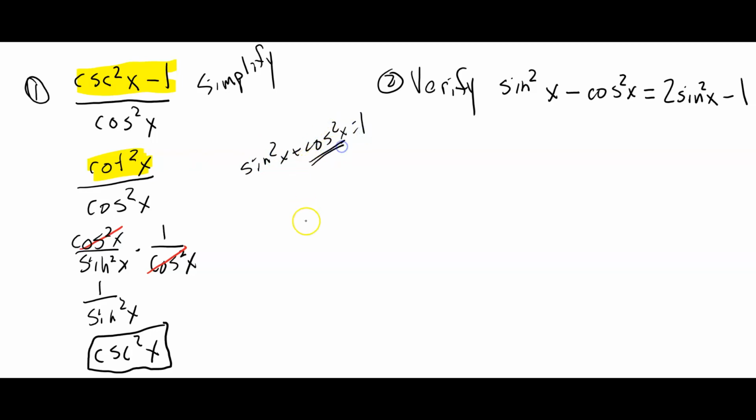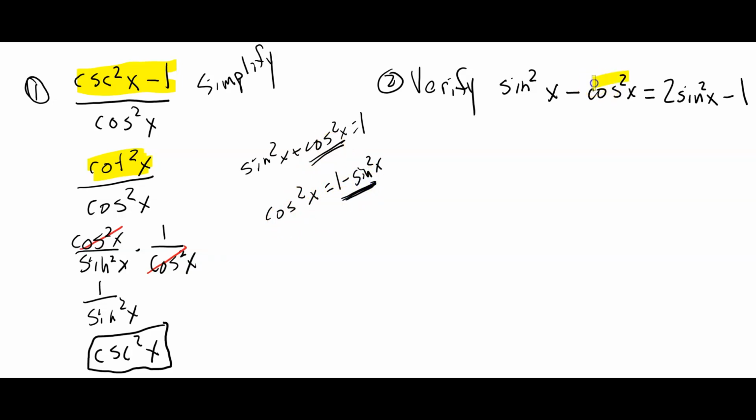So if I solve this for cosine squared x, again, we're just rearranging our Pythagorean identity, which is allowed. We can do that for our identities, the things that we've already proved are true. I can see that cosine squared x is 1 minus sine squared x.